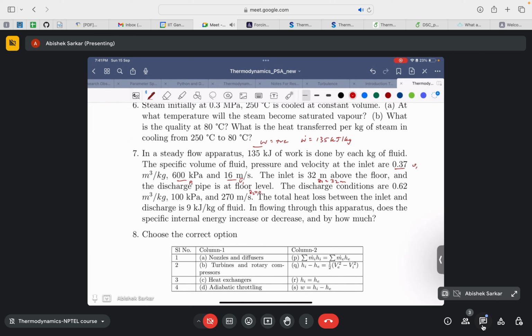The discharge conditions are 0.62, this is again your small v2, this is P2 and this is V2, the velocity. The total heat loss between the inlet and the discharge is 9 kilojoule per kg of fluid. So this is Q, which is minus 9 kilojoule per kg.